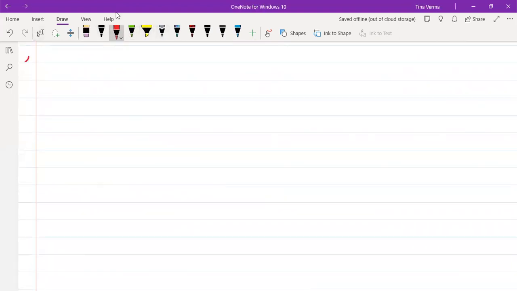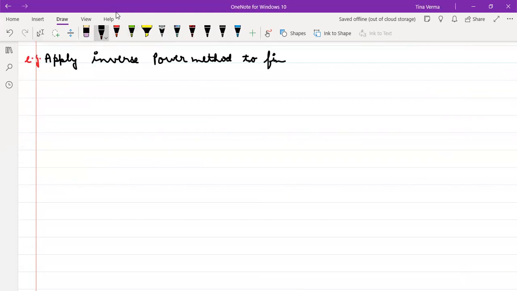Next, this was for finding the smallest value. Suppose we have a question that you have to apply the inverse power method to find the eigenvalue of a matrix.